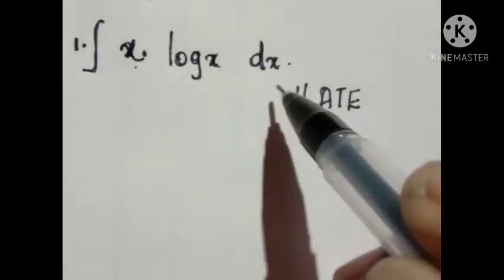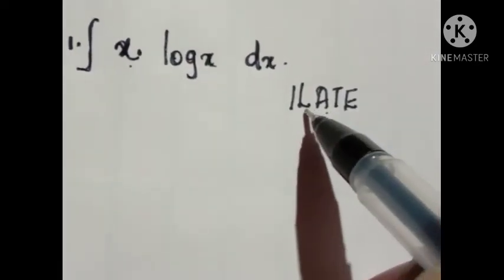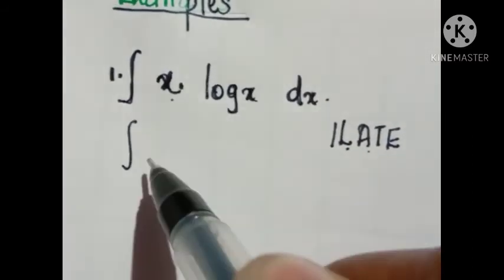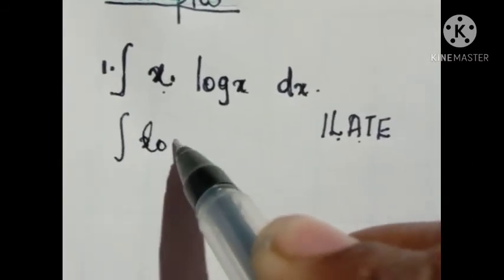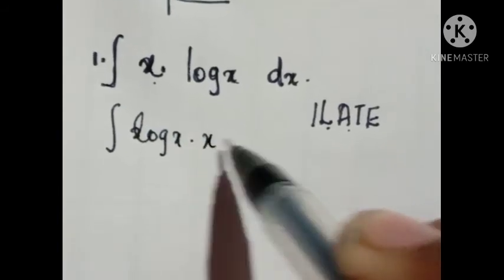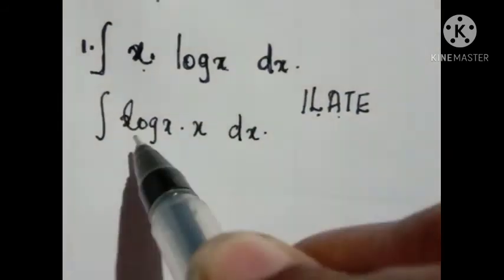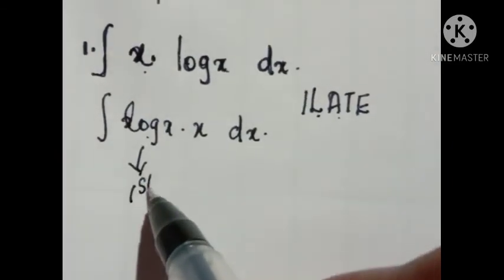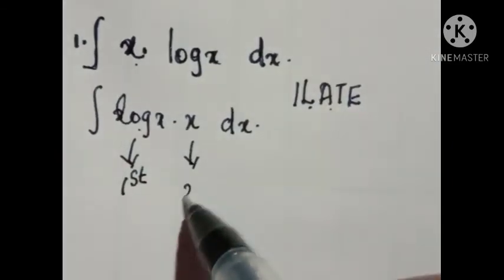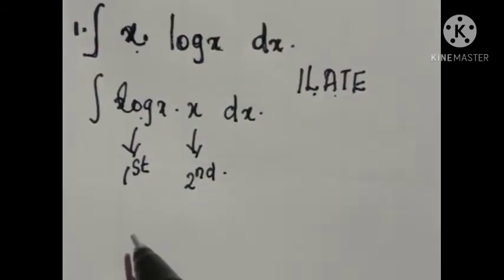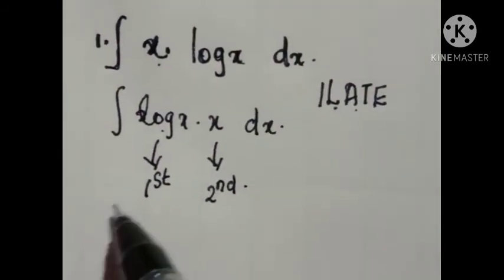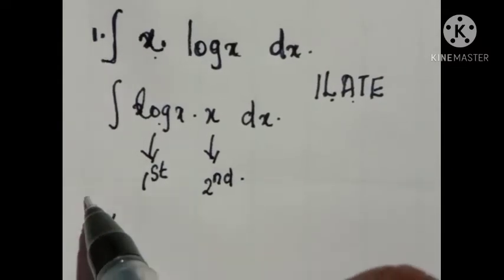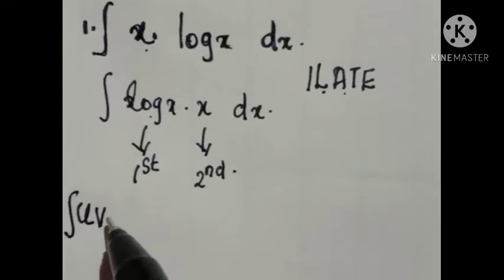As per this rule, first we need the logarithmic function, then algebraic. So rearranging, this can be written as log x into x dx. Let us consider log x as the first function and x as the second function. So what is our integration by parts rule? Suppose u and v are two functions, then their product uv.